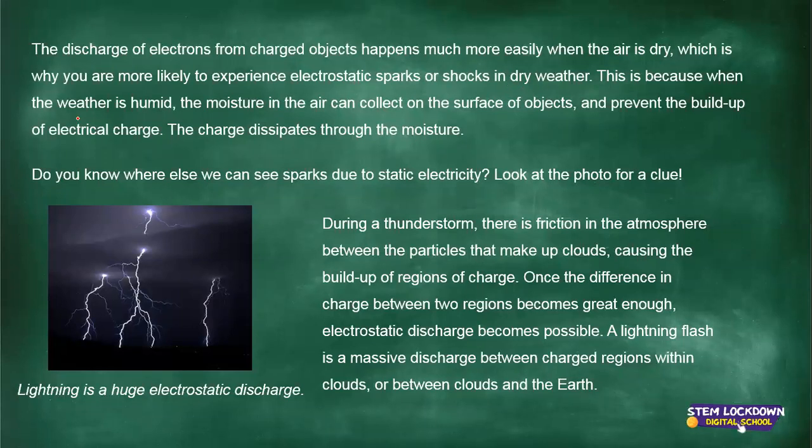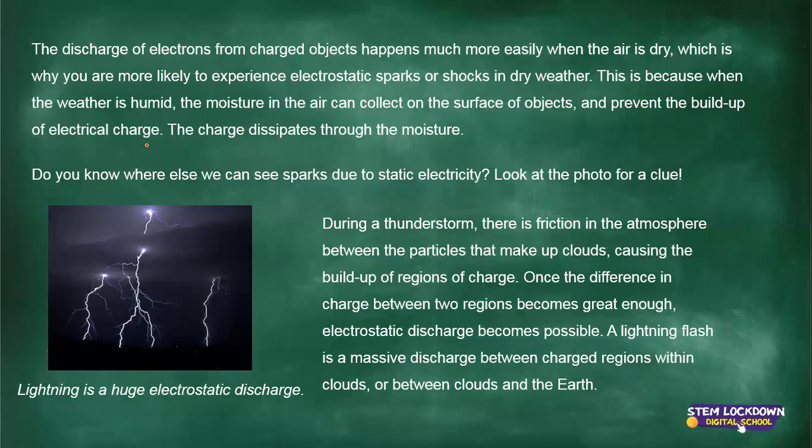Now, this is because when weather is humid, like in Durban, where the weather is humid because you're close to the sea, there's moisture in the air. This moisture in the air collects on objects and it prevents the build-up of electric charges.